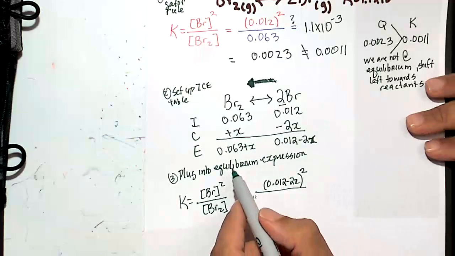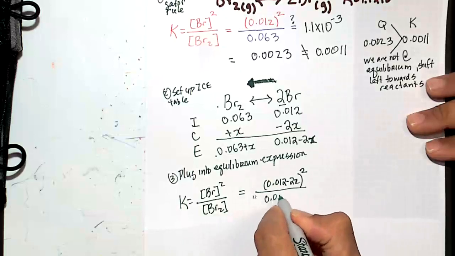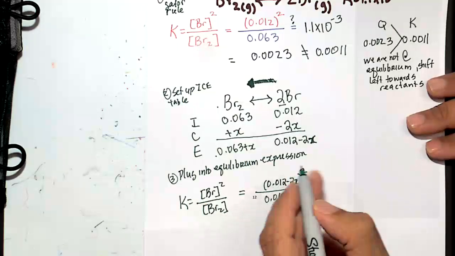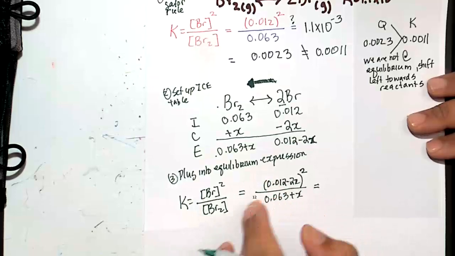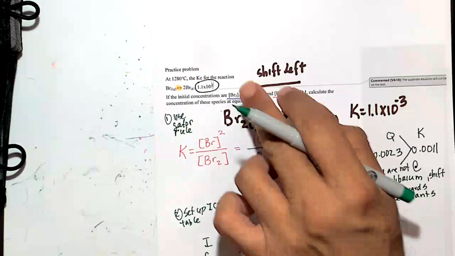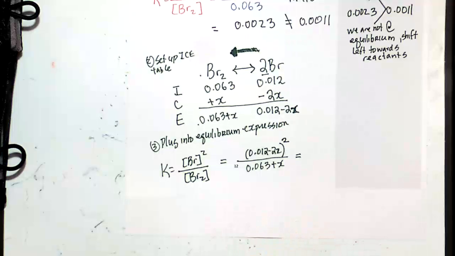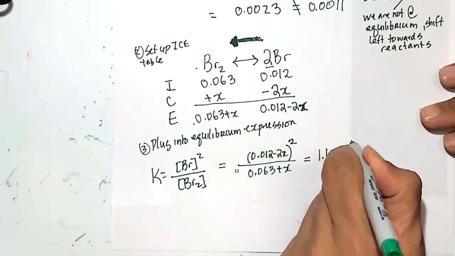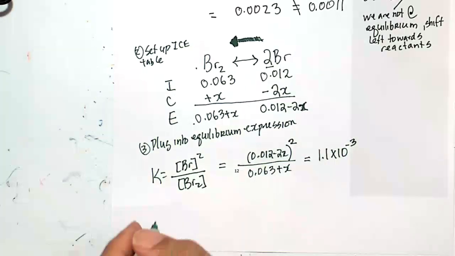Divided by, what's the equilibrium of Br2? 0.063 plus x. What does all of that have to equal? The equilibrium constant. But what is the equilibrium constant? 1.1 times 10 to the minus 3. Okay. So here we're going to solve for x.